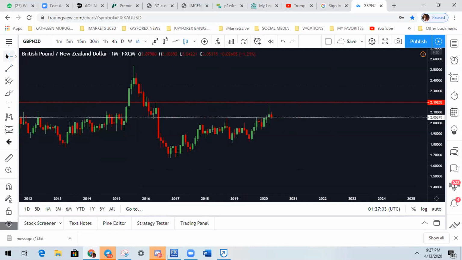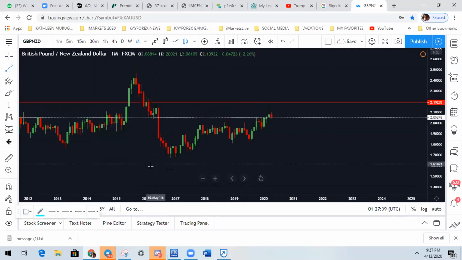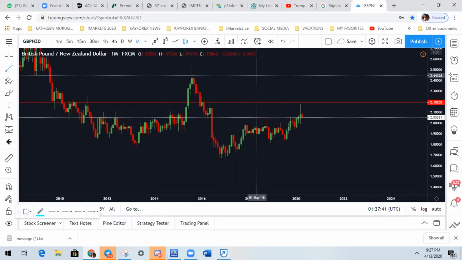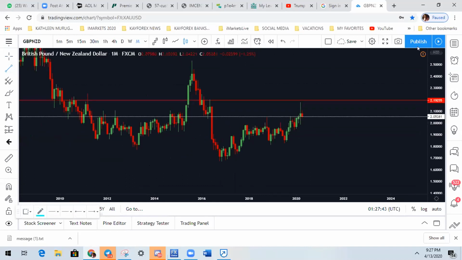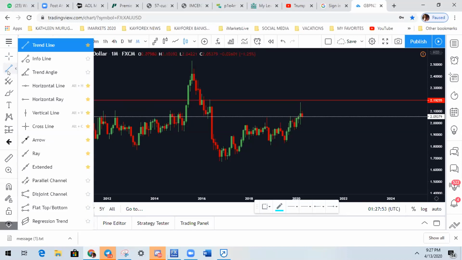Chelsea, do you know how to get my bar back? TradingView just does some weird stuff. I turned mine off one time.